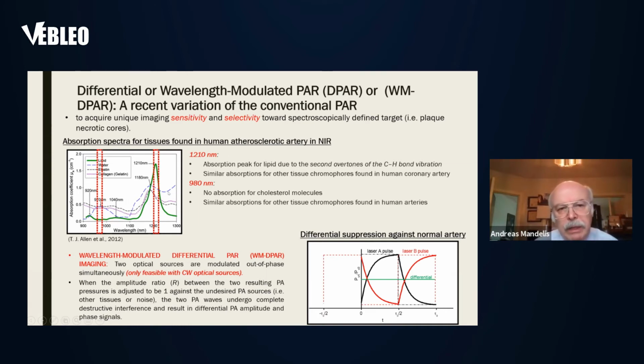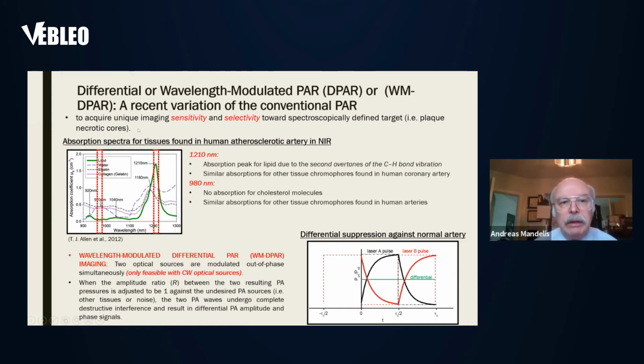So what we have done here is we introduce a system that not only monitors the plaque at 1210 nanometers, but also automatically subtracts the absorption baseline of the other surrounding elements, such as elastin and collagen in the system. And those could be quite variable from one patient to the other. So you don't really know what they are. You cannot account for them by calibrating ahead of time.